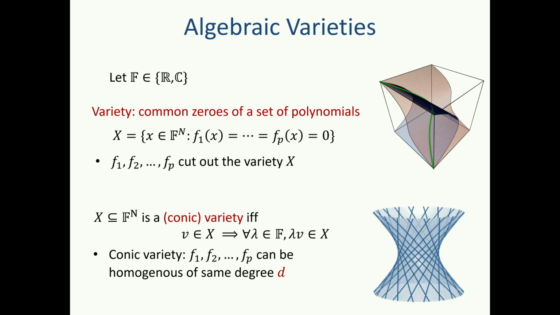And one nice thing about conic varieties is that you can always choose a set of polynomials that cut out the variety to be of the same degree. And furthermore, you can choose these polynomials to be homogeneous. So in general, we'll be dealing with conic varieties, and we will assume that we are given such a homogeneous set of polynomials that cut out the variety. Okay, good. So that's really all you need to know about varieties at this point.